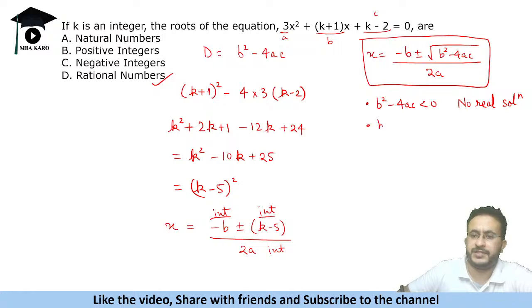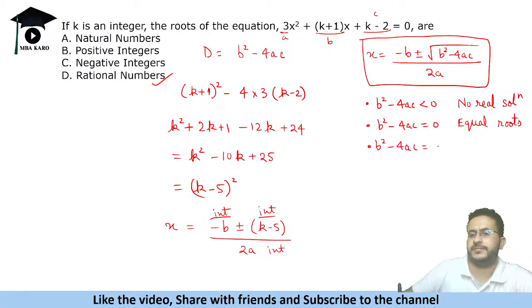If b square minus 4ac equals 0, what will happen? This will be equal roots because this will be 0. So minus b upon 2a, so 2 equal roots. If b square minus 4ac is a perfect square, like in this case, we will have an integer here, so it has rational roots.